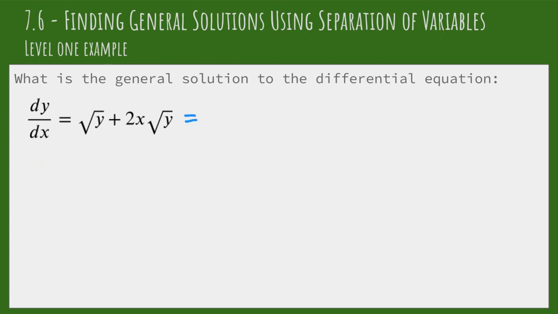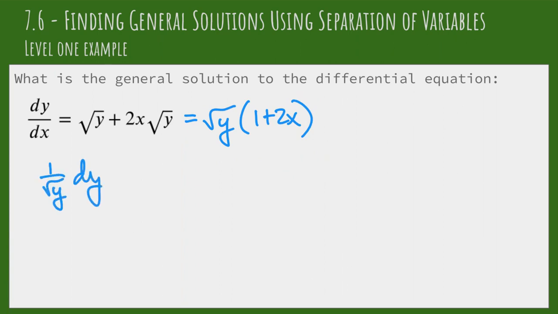So this is going to be equal to the square root of y times the quantity 1 plus 2x. And so I'm going to separate variables using this expression here. So we're going to have 1 over the square root of y dy is equal to 1 plus 2x dx, and that dx is multiplied by the entire expression here. If it was not multiplied by the entire expression, then we wouldn't be able to do separation of variables.